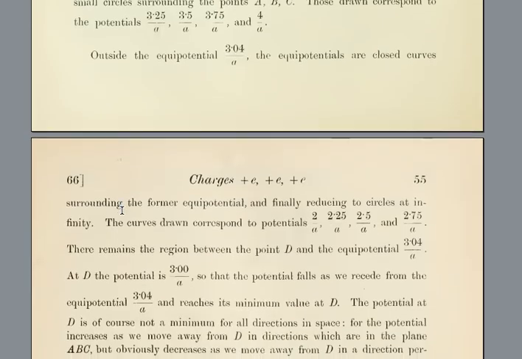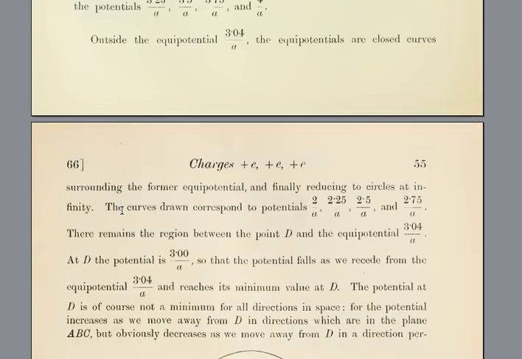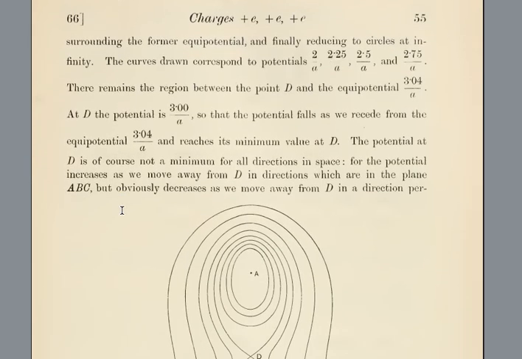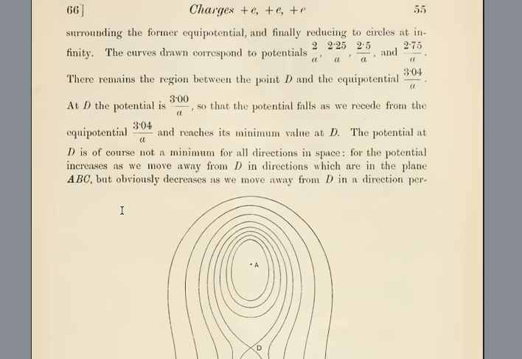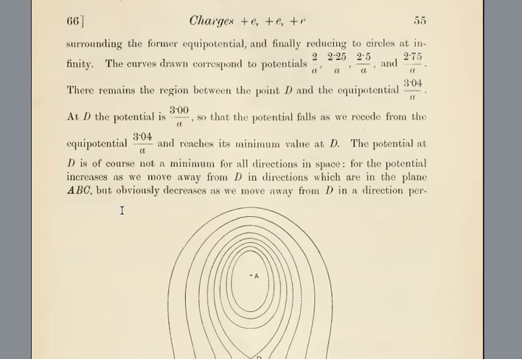Outside the equipotential of 3.04 divided by a, the equipotentials are closed curves surrounding the former equipotential, and finally reducing to circles at infinity. The drawn curves correspond to the potentials 2 divided by a, 2.25 divided by a, 2.5 divided by a, and 2.75 divided by a.